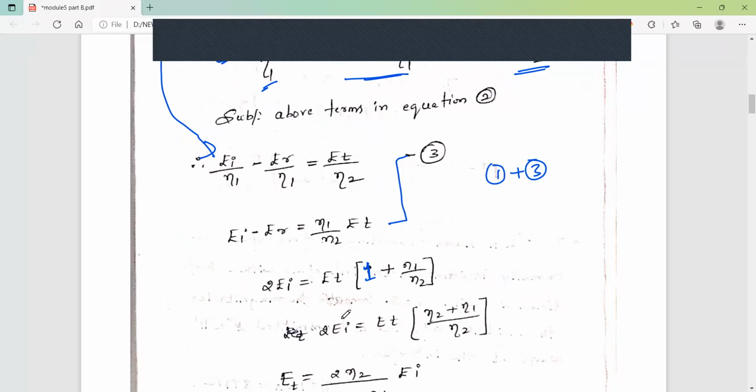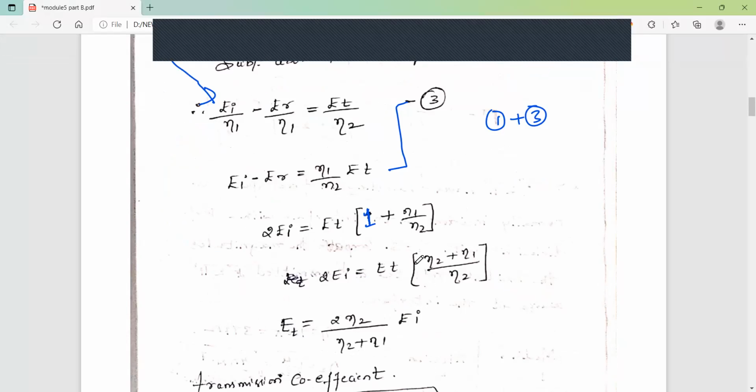Now from here, we are modifying this expression and finally we are getting the ratio between ET and EI. The transmitted wave divided by the incident wave is called the transmission coefficient, and it is given by the term tau.